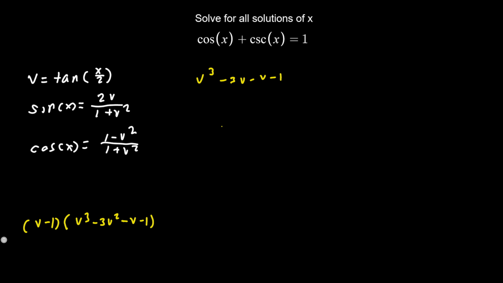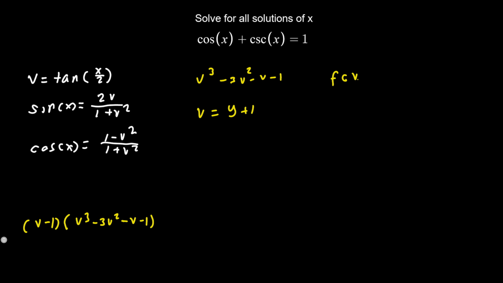And here we're going to set v equal to y plus 1, where we're going to center it at 1, and we're going to use the Taylor series instead of plugging everything in.